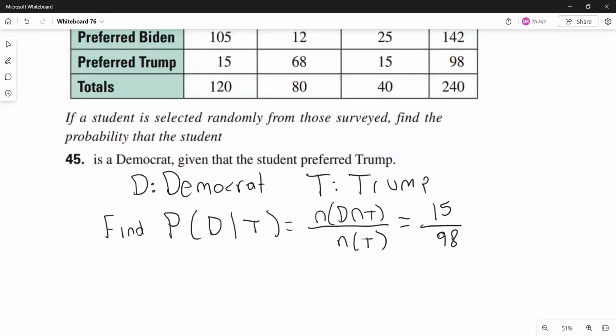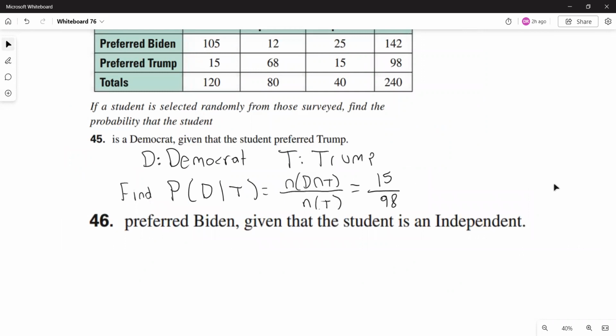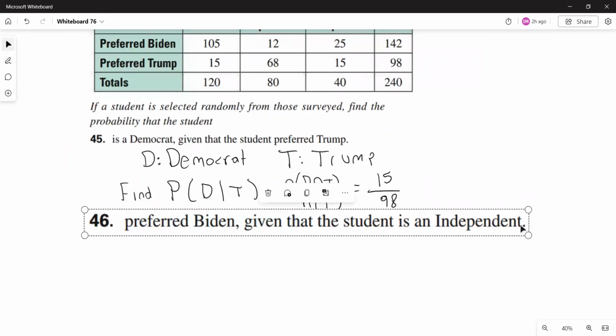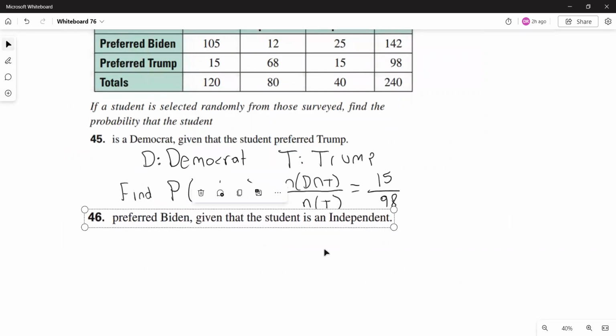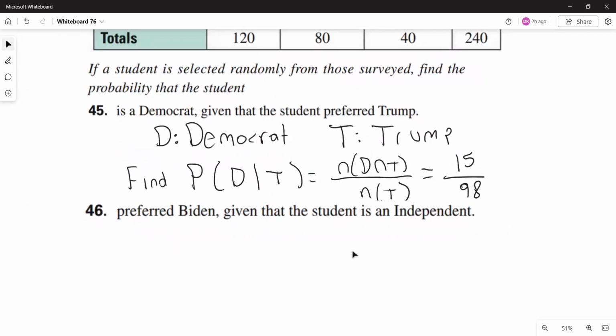And number 46. If a student is selected randomly from the survey, find the probability that the student prefers Biden, given that the student is an independent. Okay, so let's give the names again. B stands for Biden, and I for independent.